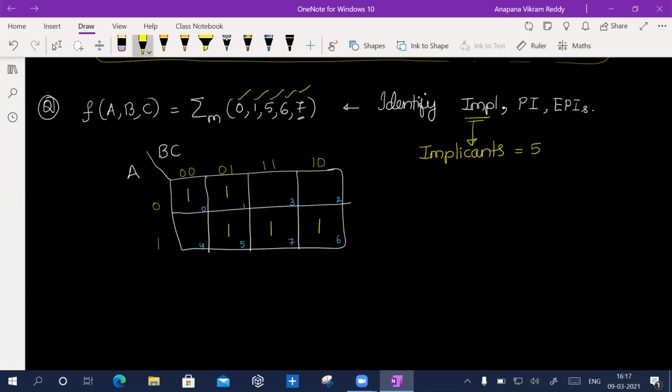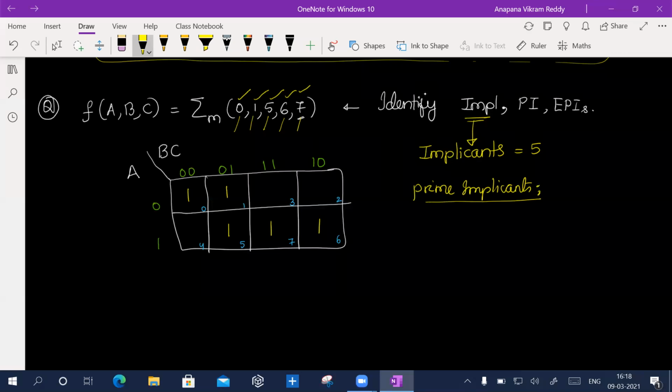Implicant 1, implicant 2, implicant 3, implicant 4, implicant 5. Agree? Whatever you have in each parenthesis, those are your implicants. And that's what he is saying in point number 1. Agree? Now, second one, prime implicants. How many?